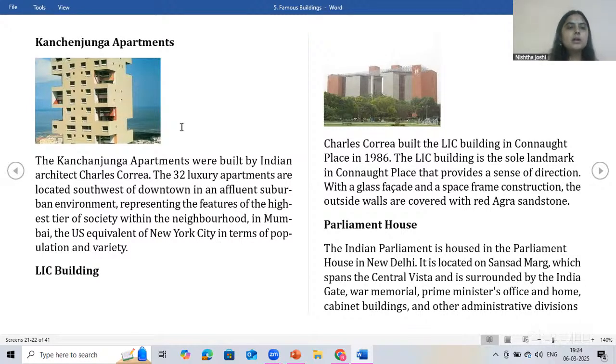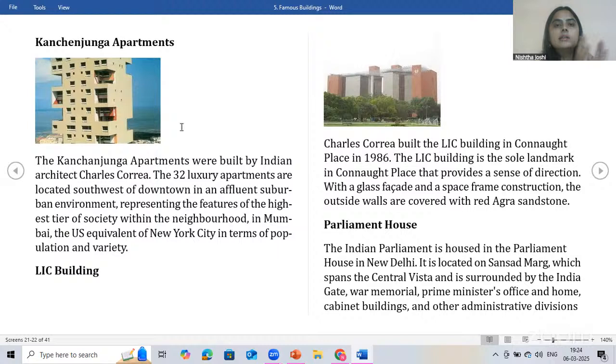So Kanchenjunga Apartment is a luxury apartment building which has just 32 apartments, which are all double-storied apartments, and it is a part of an upmarket society in Mumbai. And this building is actually very unique because although it is a very luxury, fancy apartment building, it is also a very well planned and sustainable structure.